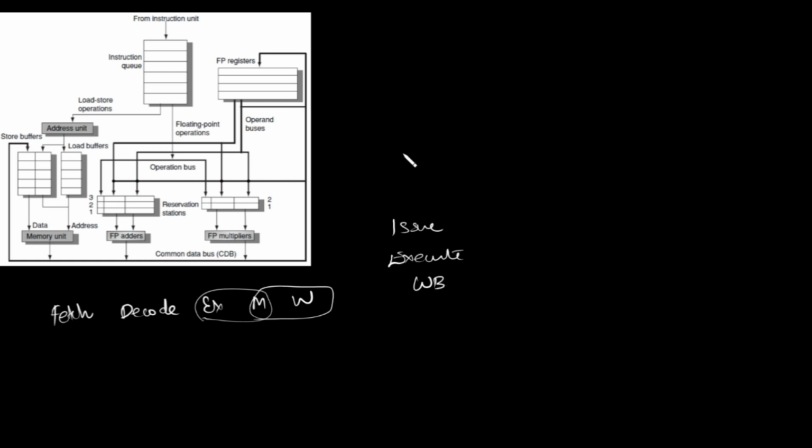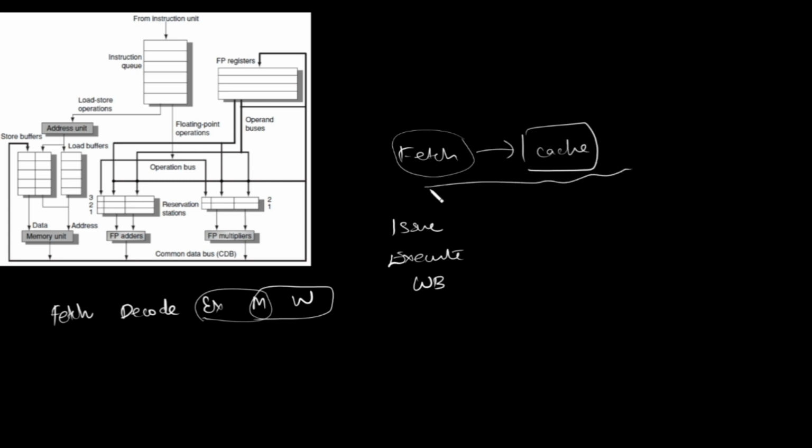Fetch is a separate complex unit. We assume that all the instructions are fetched and put into our cache. Fetch is a separate big operation. There can be a cache miss, or you have to load it from the main memory, and if main memory itself doesn't contain it, you have to load it from the disk.